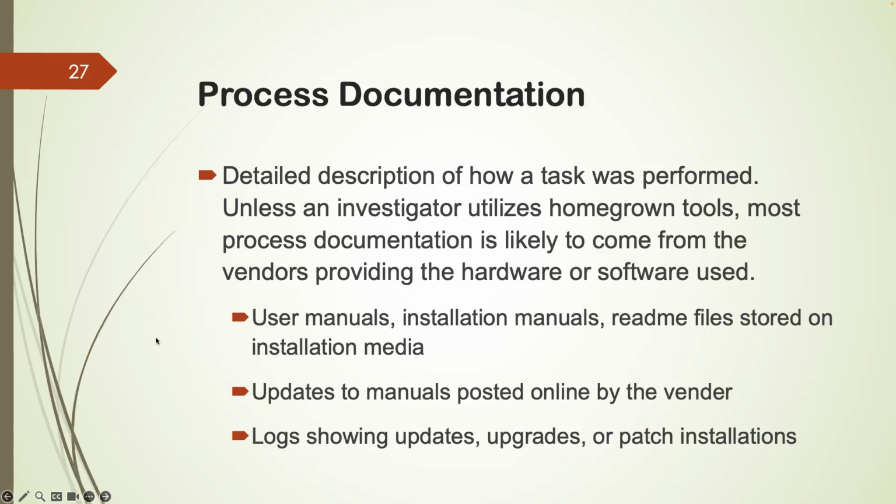The next step is the process documentation. This is the part of documentation where you write down all the processes that you performed, or all the analysis that you performed on the given forensic artifacts.